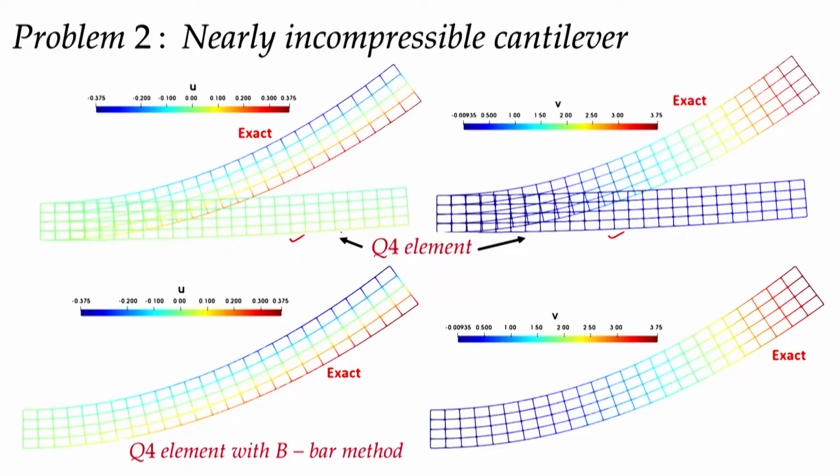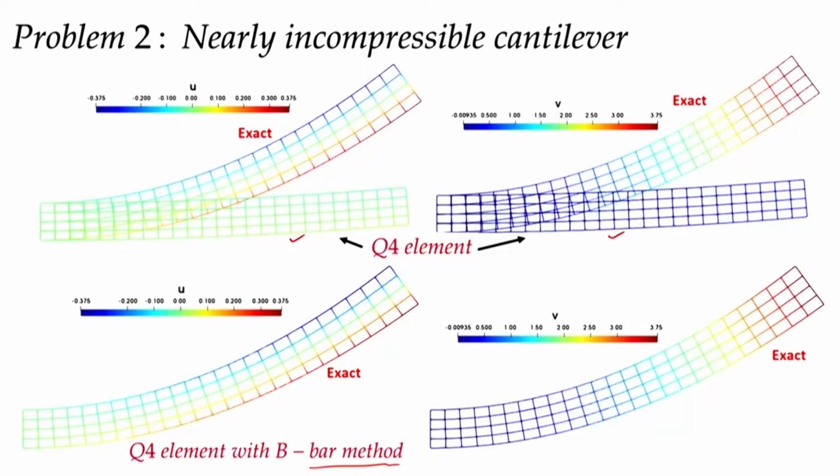On the other hand, if I use the B-bar method or the strain projection method, then it matches the exact solution, even with the 25x4 mesh. It matches the exact solution very well. So in the limit of incompressibility, you have to use a different or modified element so that it can cater to the constraint in the solution.